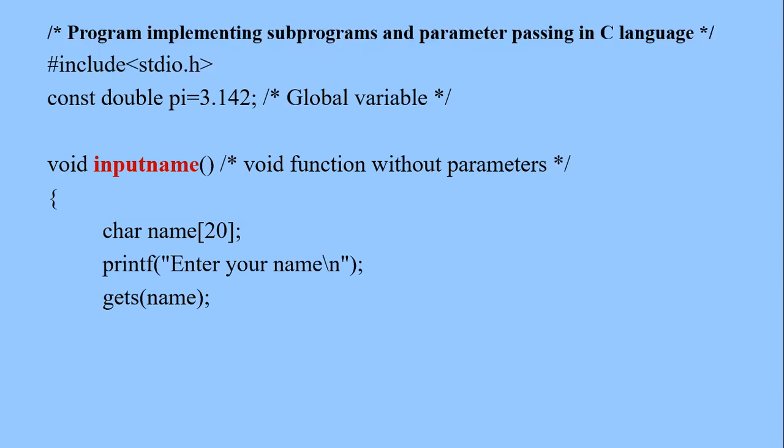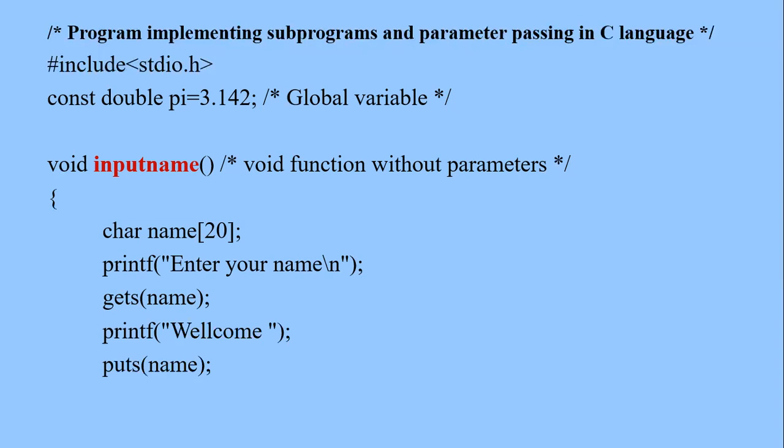So get name. And then it displays the message on the screen, welcome, and then it displays the name, or the content of the memory location called name, on the screen.